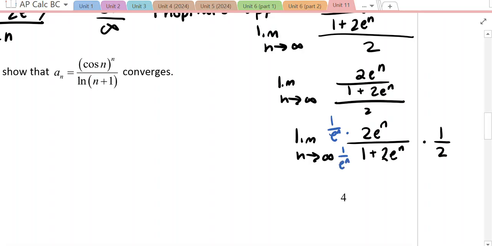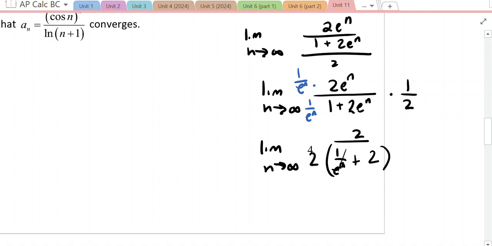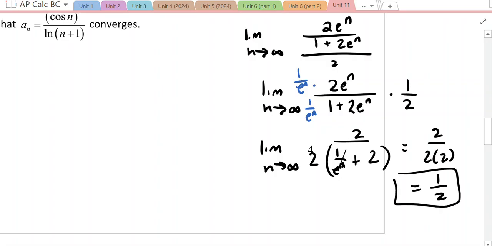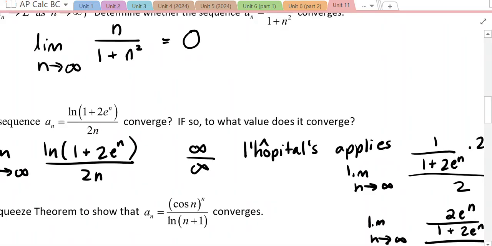And what I'll have here is 2 over e to the n plus 2, and now the limit as n approaches infinity. This piece zeroes out, and that limit is approaching 2 over 2 times 2, which is 1/2. You could have also used L'Hopital's again if you didn't like multiplying by 1 over e to the n. So this is converging to 1/2.